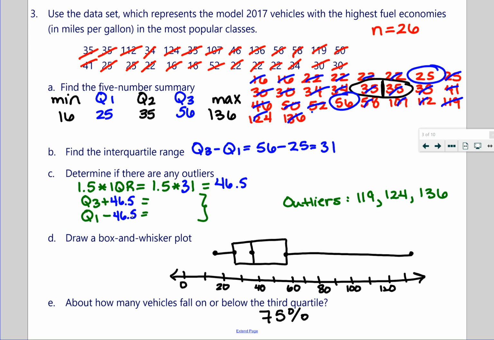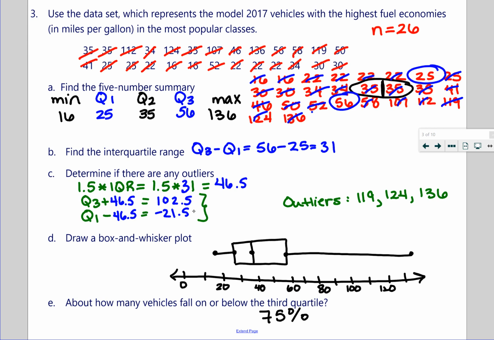Our third quartile was 56, so 56 plus 46.5 gives me 102.5. 25 minus 46.5 gives me negative 21.5. Remember, those are like fences, boundaries we're creating to see if there are any outliers.